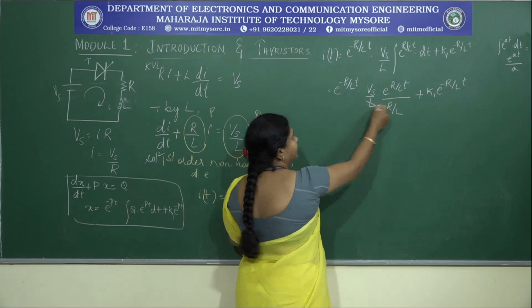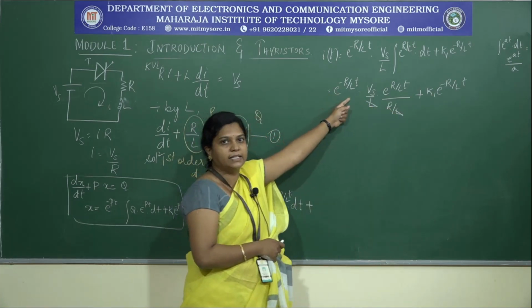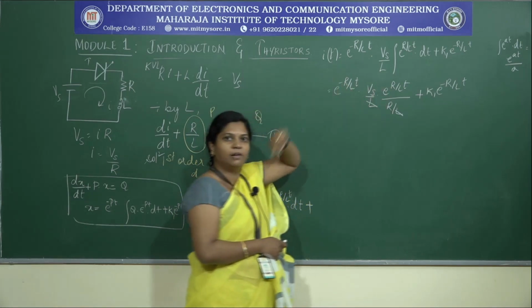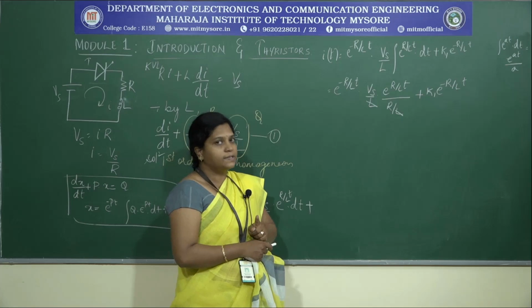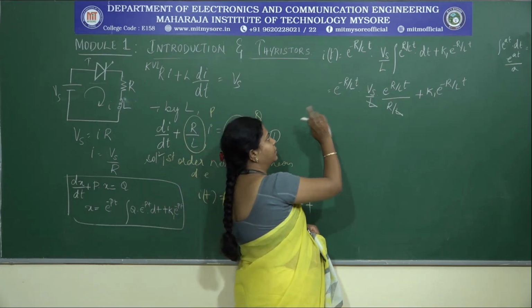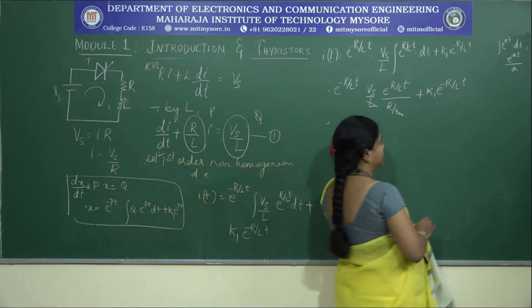Okay. Now, what will happen? L and L can be cancelled. E to the power of minus at into e to the power of plus at will be equal to e to the power of minus a plus a, which is e to the power of 0, equal to 1. Okay. Let me write it clearly.